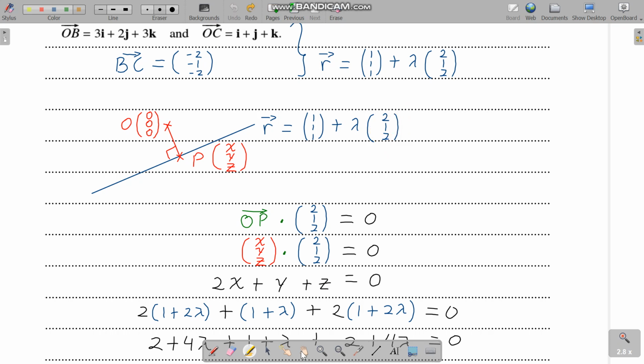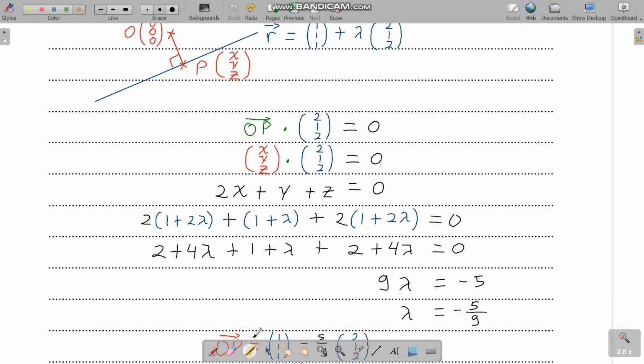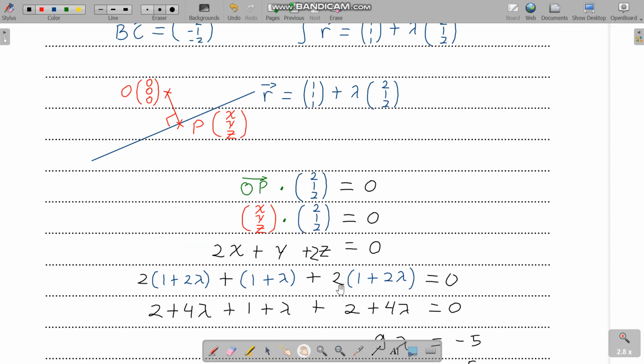Dot product, so we multiply x times 2, 2x, and so on. So we have 2x plus y plus 2z. Now here we have an equation in 3 unknowns, 3 variables.